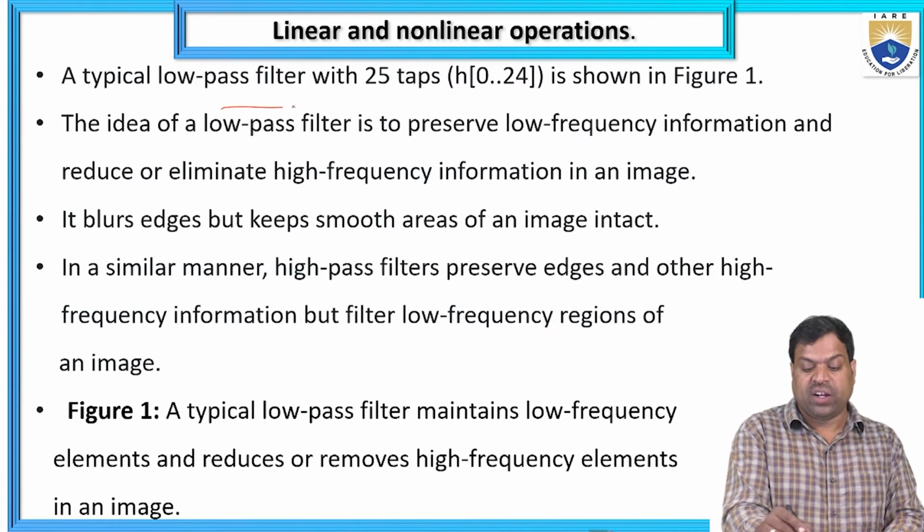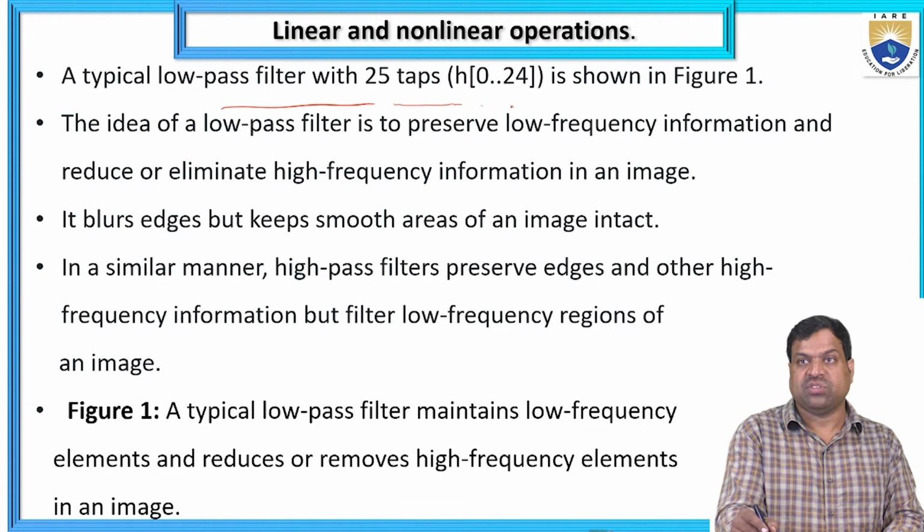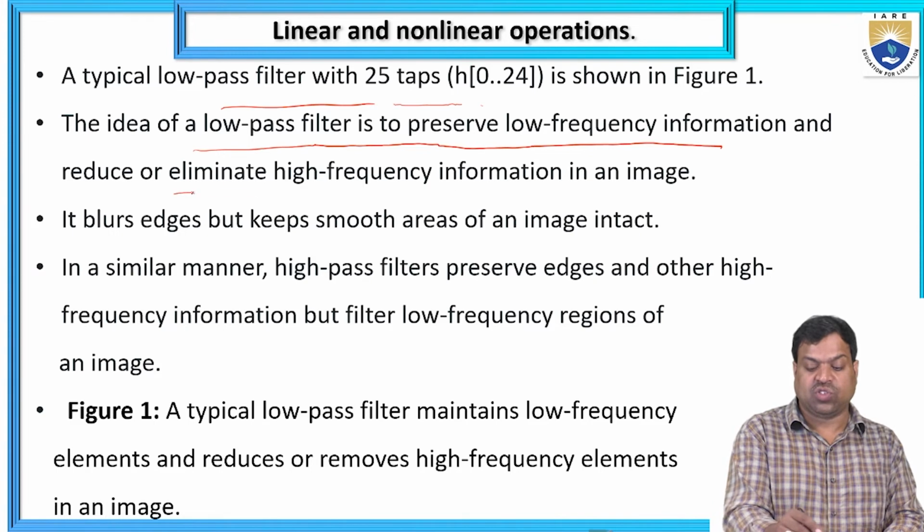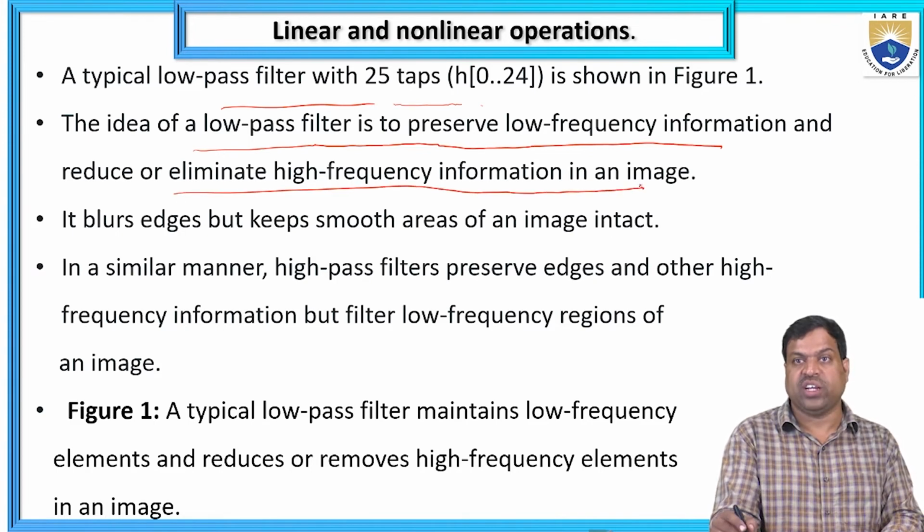So a typical low pass filter with 25 taps, from h of 0 to 24, has 25 taps. When I go for low pass filtering, the aim is to preserve low frequency information and eliminate high frequency information in an image.